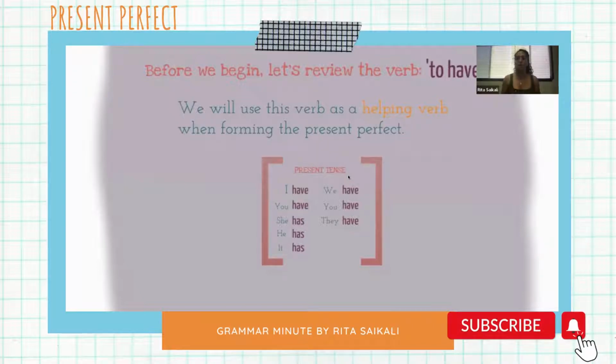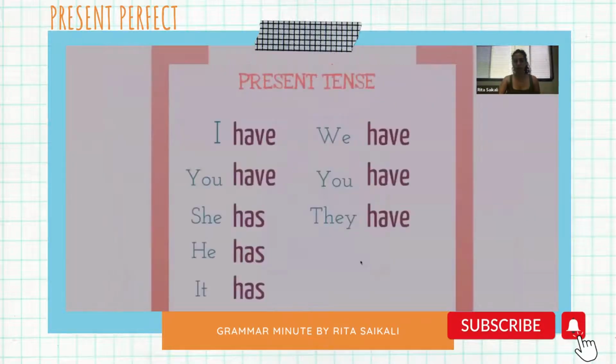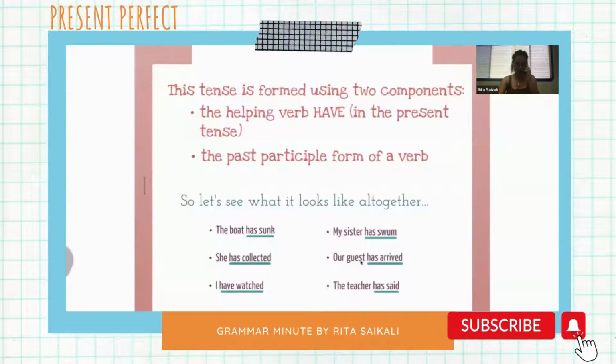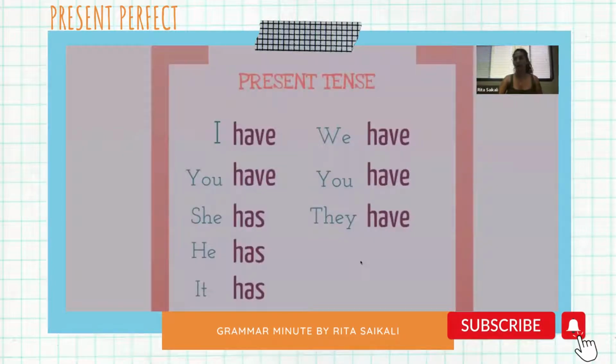And what this verb is doing, it's helping the other verb. It's giving us more information. We will use this verb as a helping verb when forming the present perfect. Again, I have, you have, they have, and so forth.